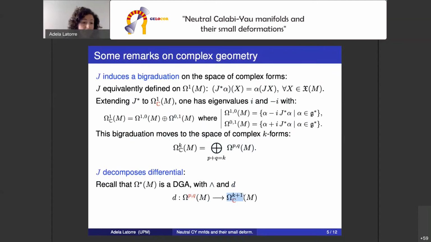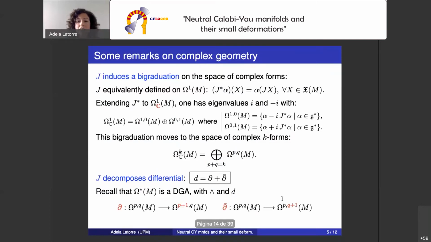And it turns out that when J is a complex structure, the specific degrees are these ones here, which allows us to split our usual differential into two differentials, which are del and del bar, as we usually call them, which are defined in this way.